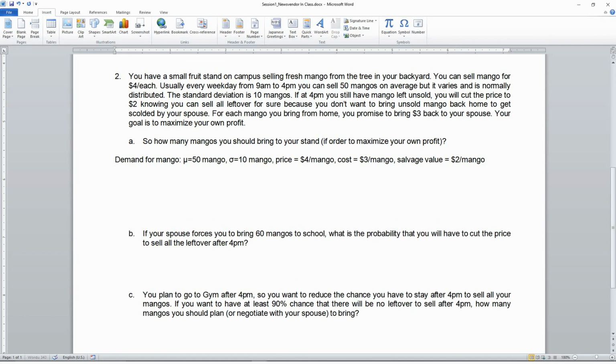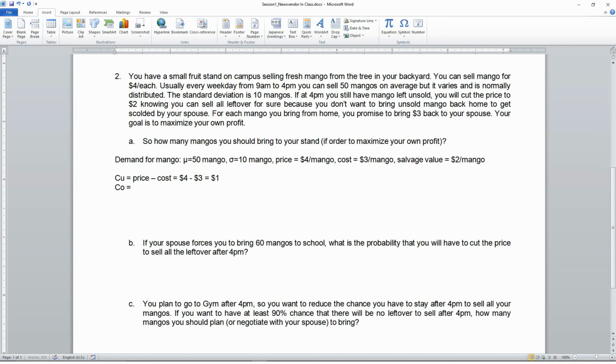Okay, so how do we figure out the underage cost? Well, the underage cost is what we would have gotten if we were able to sell a mango that we didn't have. So that's just the amount of profit: the price minus the cost, in other words $4 minus $3 equals $1.